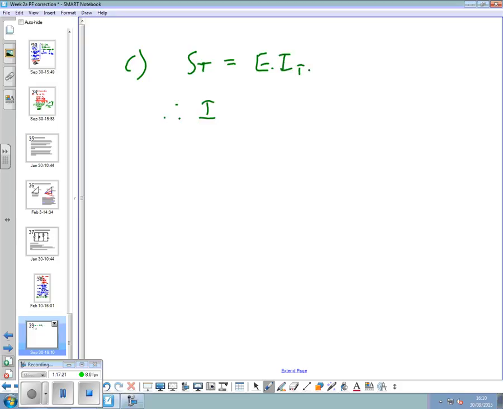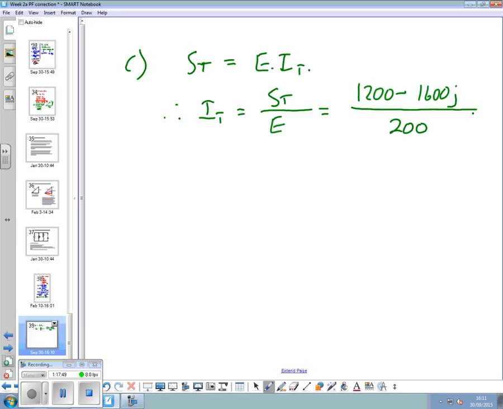Therefore, I total is equal to S total over E. That is 1200 minus 1600J divided by 200.